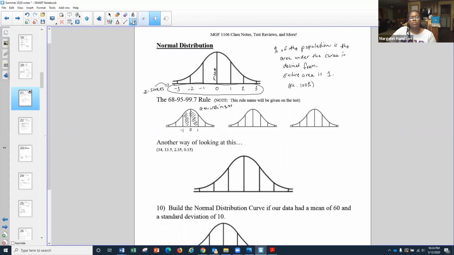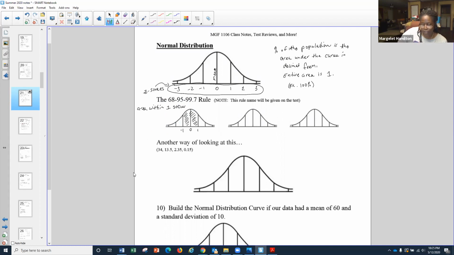This is kind of small, it didn't give me enough area to write, so I'm going to rewrite it over here. All right, STDEV, standard deviation. Remember that we learned that on our last recording.